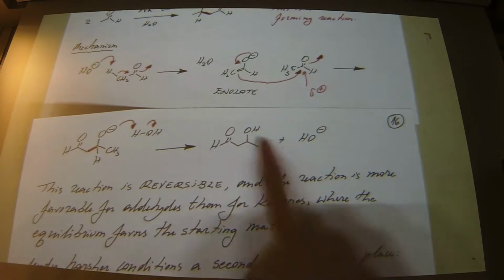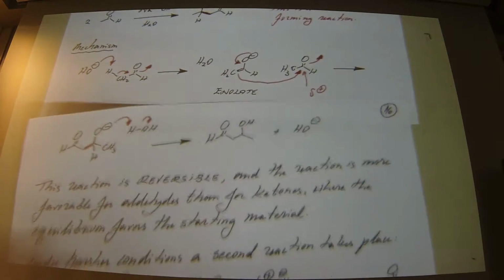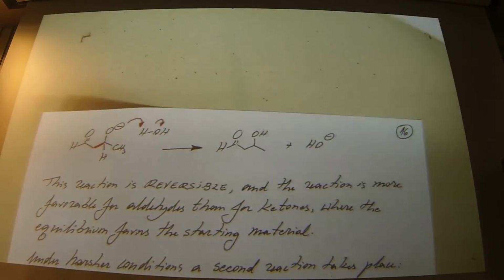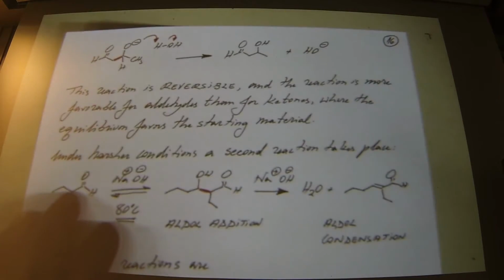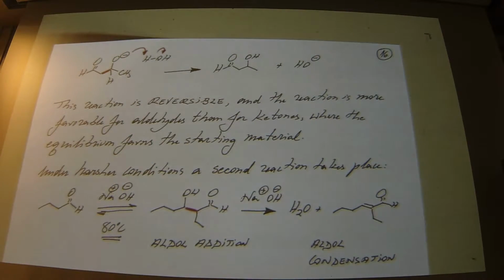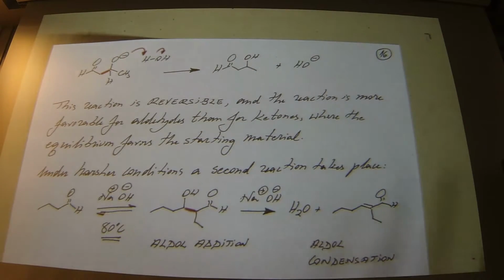Proton transfer completes the process, and I end up with an aldol addition. Okay? Now, this reaction is reversible. And so it's more favorable for aldehydes than ketones, as you would expect, just given the greater reactivity of aldehydes versus ketones. And it forms, in both cases, a carbon-carbon bond.